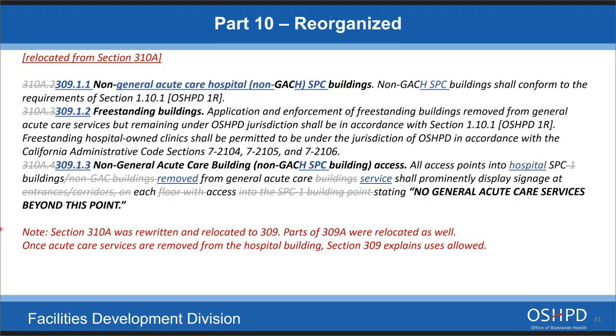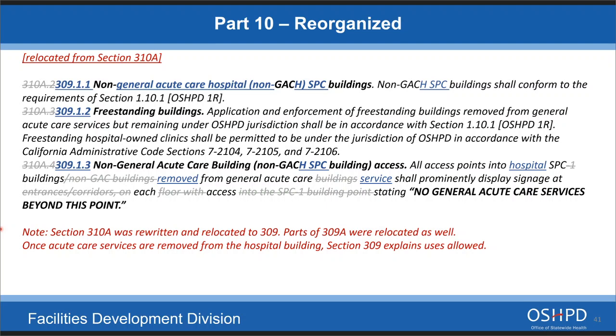309.1.3 is all the access points into a hospital SPC buildings removed from the general acute care shall prominently display signage at each access stating that no general acute care services beyond this point. So they have to delineate when you're leaving the hospital and entering a non-hospital building.